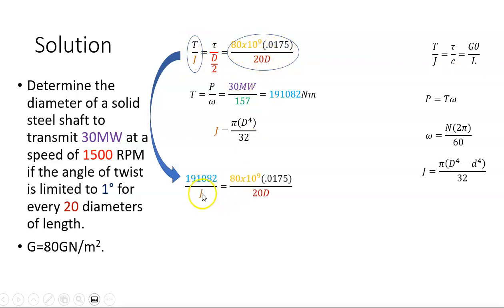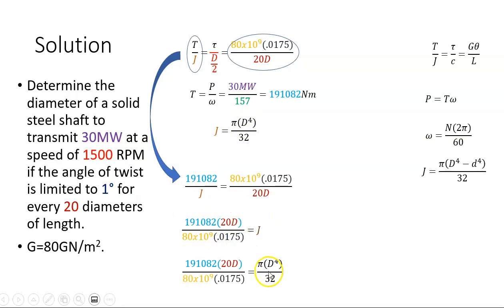So let's take this equation and bring J to one side. And we know that J is also equal to pi d to the power of 4 all over 32. So this expression here is equal to pi d to the power of 4 over 32. And now I want to cross multiply.